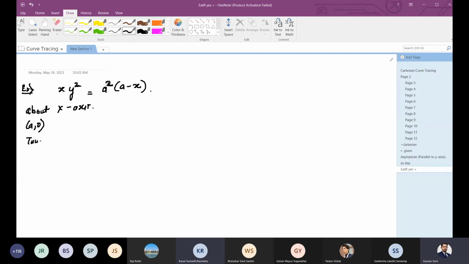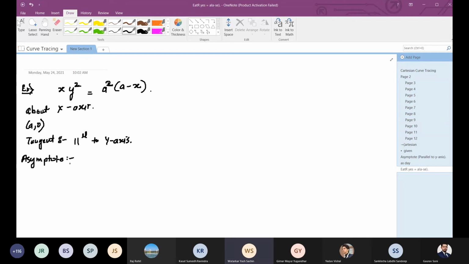The tangent at a comma 0 is parallel to the y-axis.